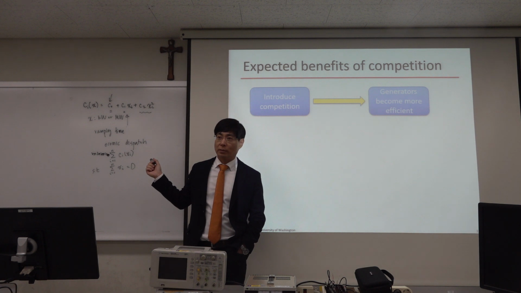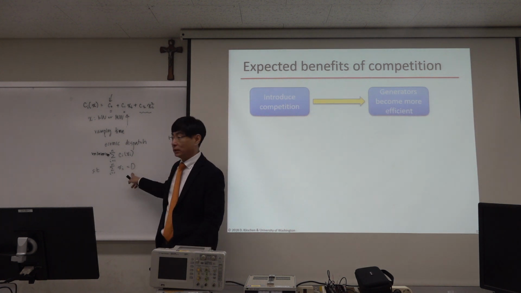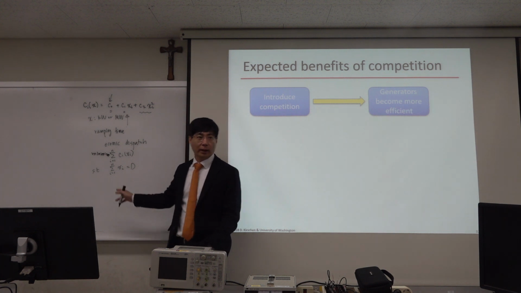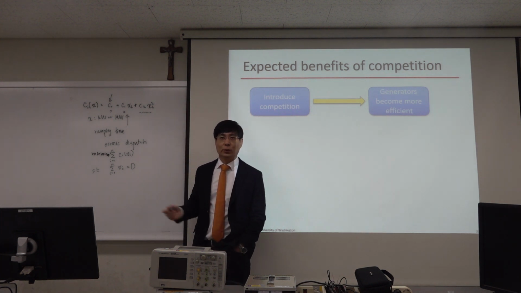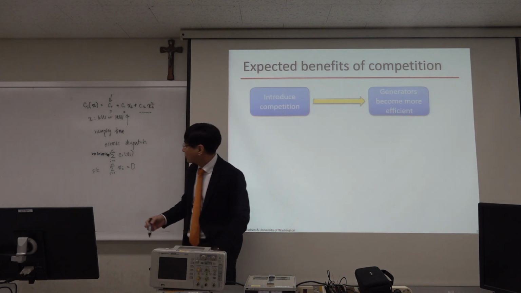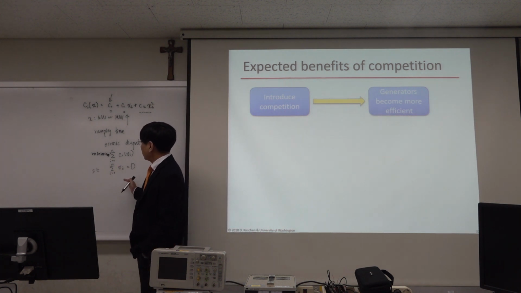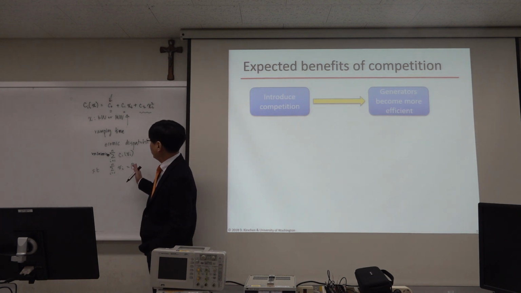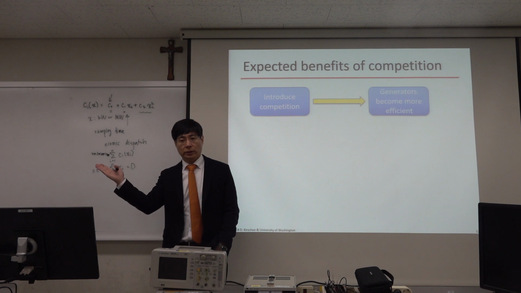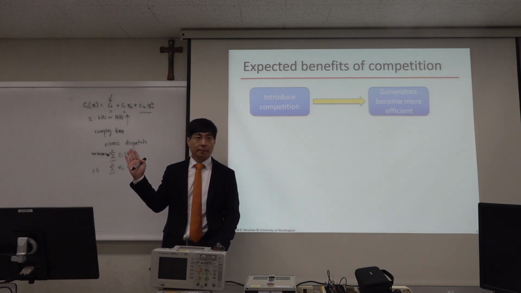Very easy convex optimization problem. Quadratic function with a single equality constraint. And you know how to solve it using Lagrange multiplier, right? So this problem is called economic dispatch problem. But here I assume that there are n generators and all of these generators are on.